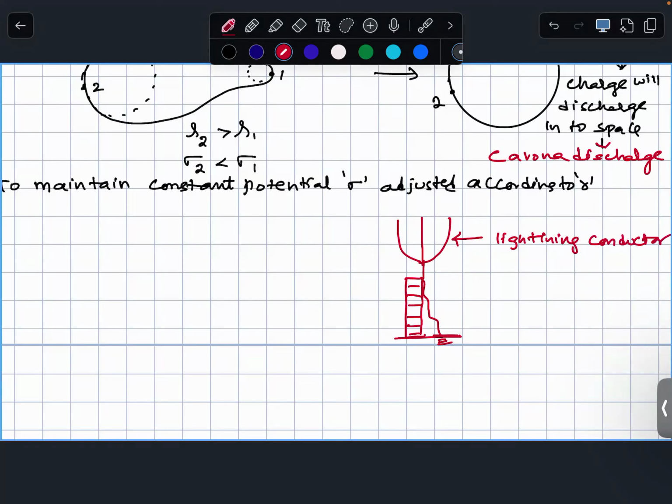So what is the objective of this? If there is a sudden thunderstorm in your place, sudden discharge, lightning means sudden discharge of charge. Huge amount of charge, very high volts of charge will be discharged. But if it discharges through a building, the entire building gets electrocuted.